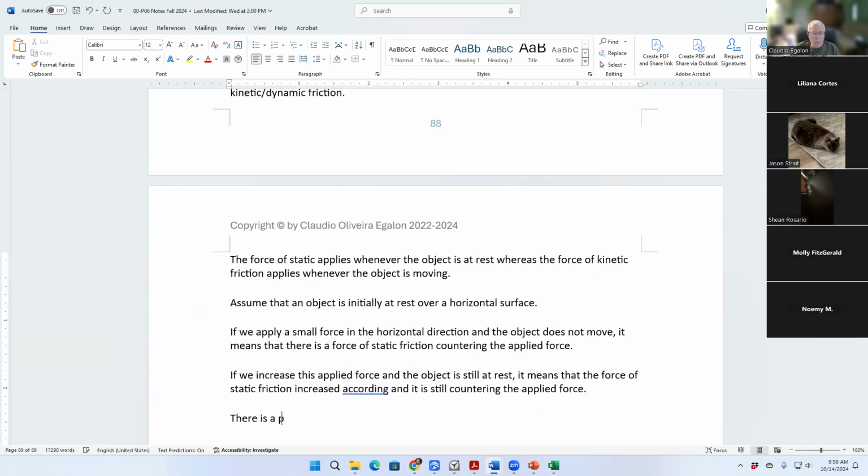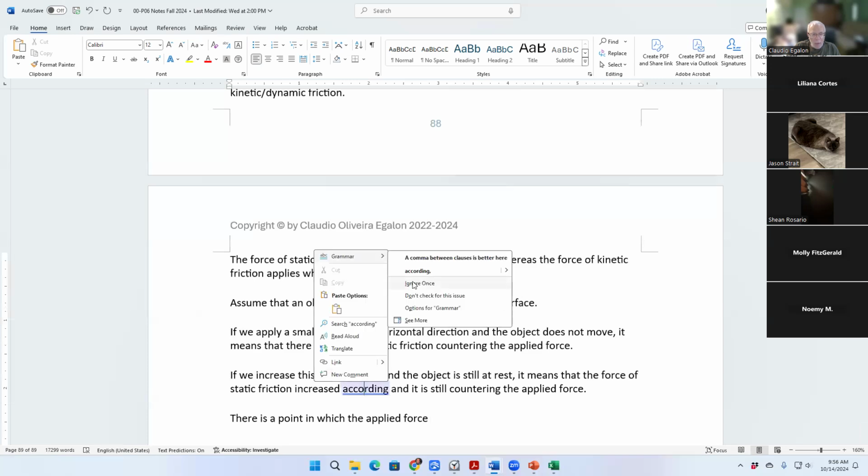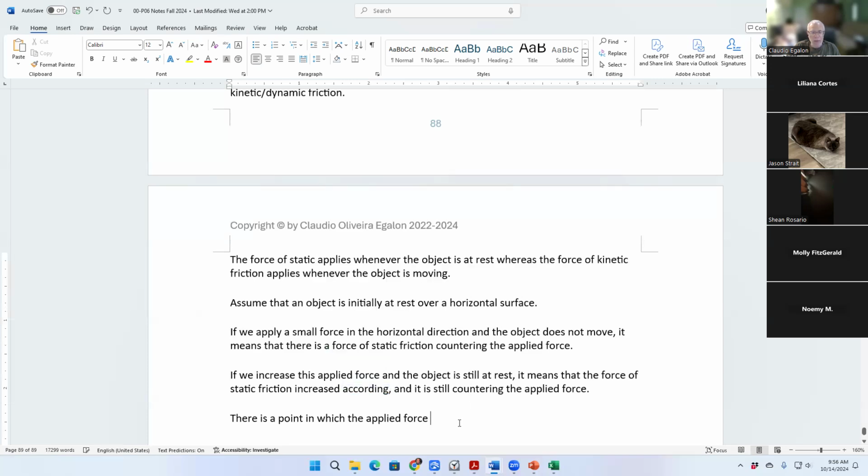Okay? There's a point in which the applied force reaches a value that is equal to the maximum value of the force of static friction.